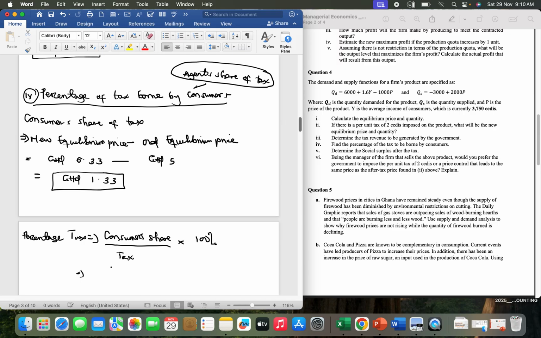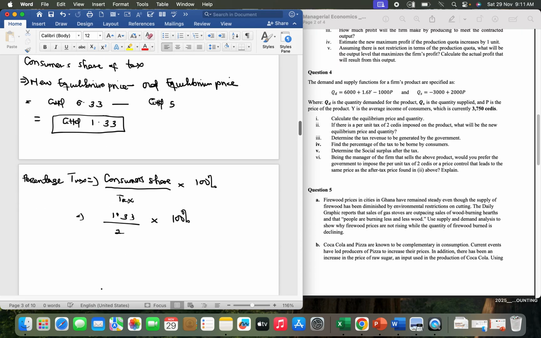So the consumer's share was 1.33 divided by the tax, which was 2, times 100%. So let's see the answer. 1.33 divided by 2 times 100 is 66.5%.